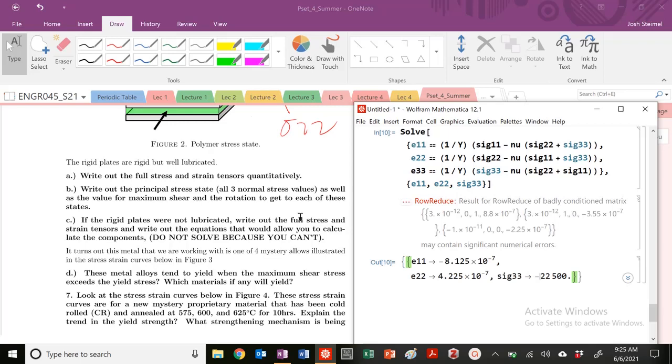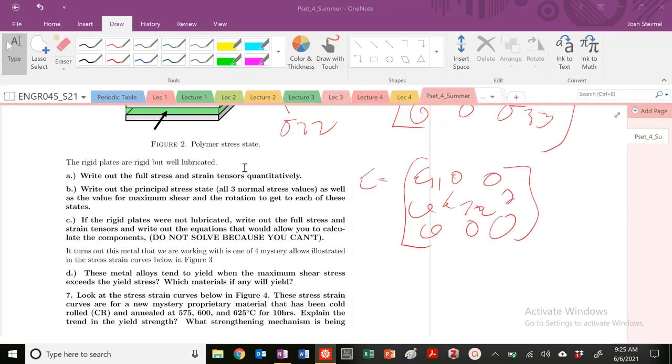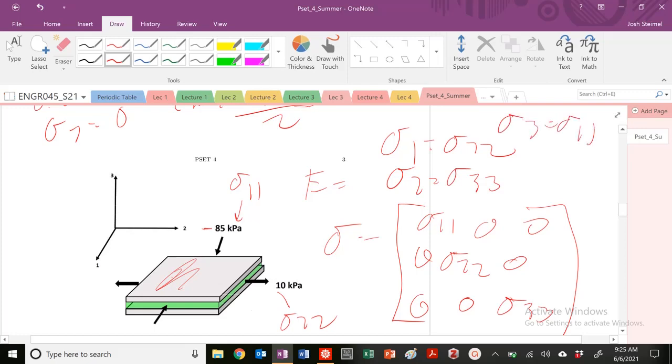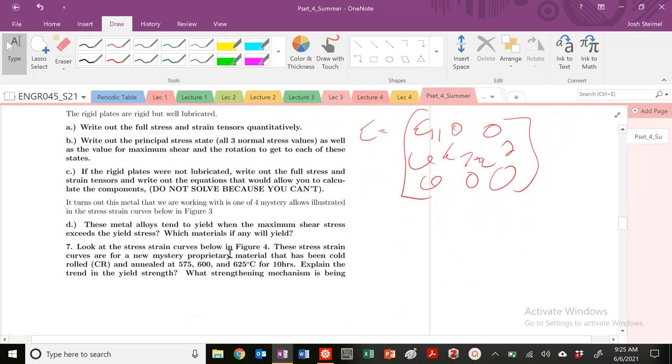What is the maximum shear? Tau max is just equal to sigma 1 minus sigma 3 divided by 2, and the rotation to get there is 45 degrees.